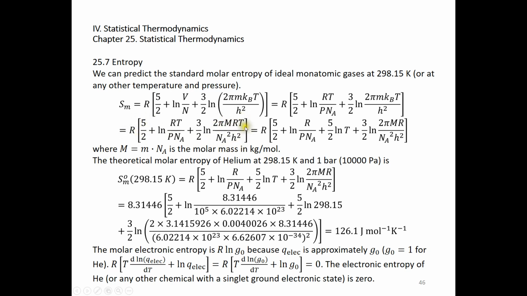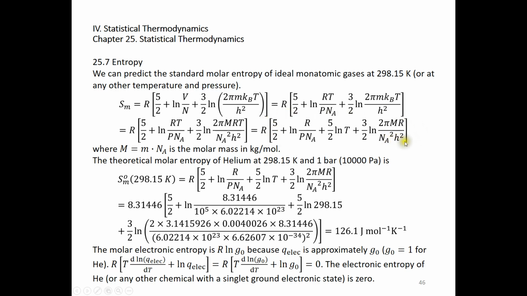Further, we can separate this T out because I see a ln T here and 1.5 ln T here. So we copy 2.5 here. We have the logarithm of R over P times the Avogadro constant over here. We have ln T plus 1.5 ln T. Well, now we have 2.5 ln T, and then we have 1.5 times the logarithm of 2 pi M R over N_A squared h squared.